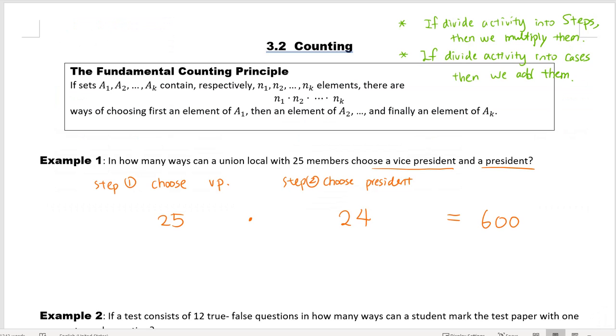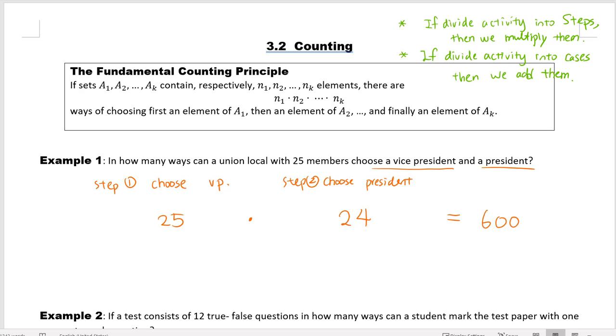So there are 600 different ways. And you can see for step 1 and step 2, we can switch the order, but the numbers will be the same. So maybe in the first step you choose a president, and in the second step you choose a vice president. So far so good. So if we can separate into steps, then we multiply the numbers in each step.